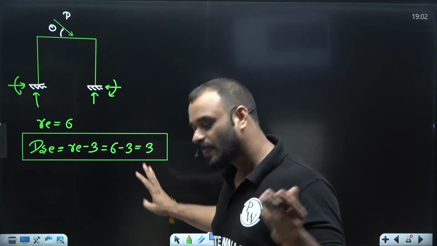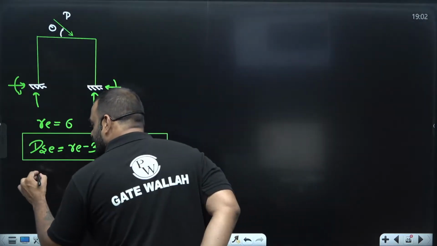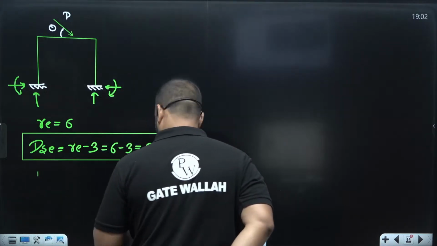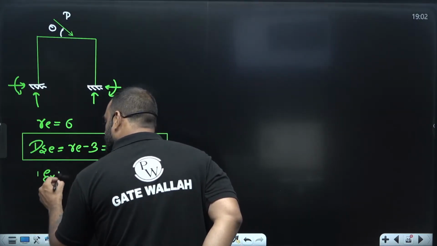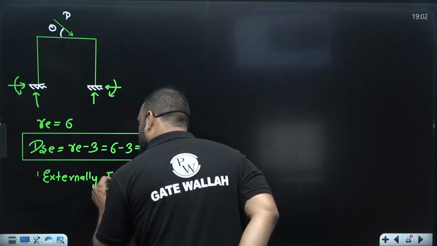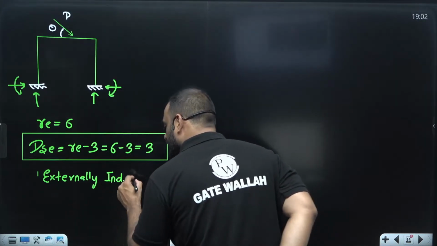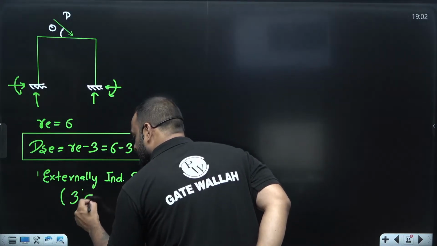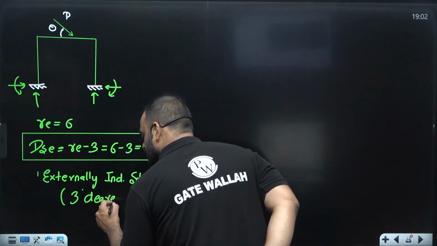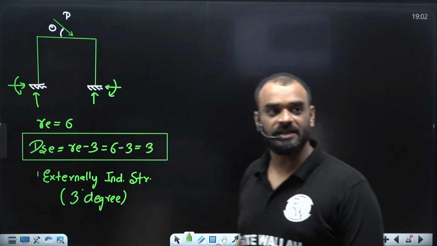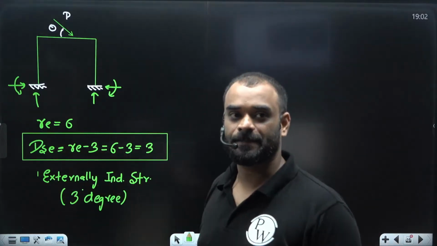Simple, right? So we'll write here guys, in this particular case this structure is an externally indeterminate structure of 3 degree. 3 degree of external static indeterminacy is present for this particular case.